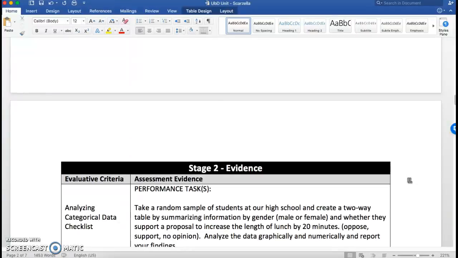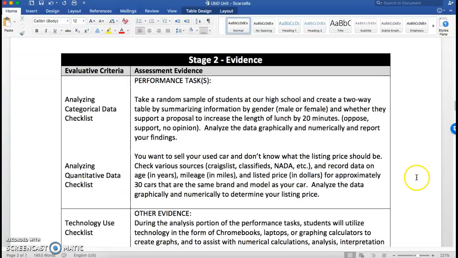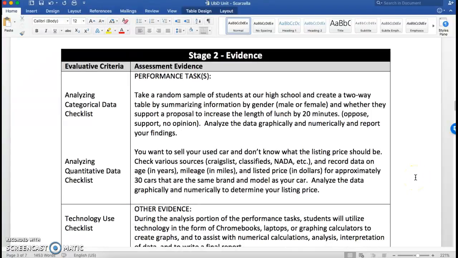In fact, during their performance tasks, which is right here under stage 2, they need to take a random sample of students at our high school and create a two-way table by summarizing information by gender, male or female, and whether they support a proposal to increase the length of lunch by 20 minutes. In other words, they're going to answer whether they oppose it, support it, or have no opinion.